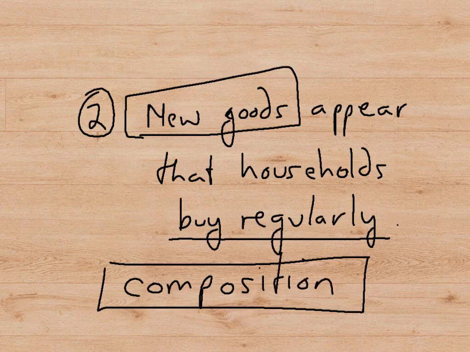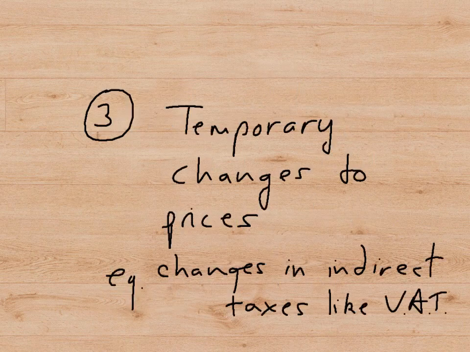The composition means what goods are actually included and which goods are left out. So over time, people's spending patterns not only change, but what they spend money on changes. And so we have to change the composition of the goods that we include when we calculate the index of consumer prices. And if we don't change them fast enough, then our inflation rate could be inaccurate.